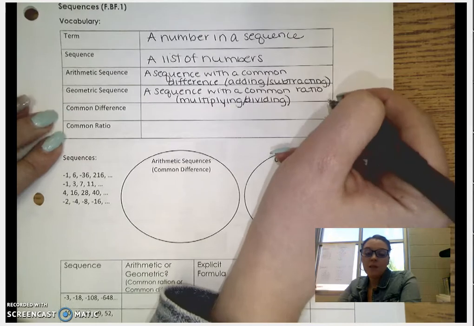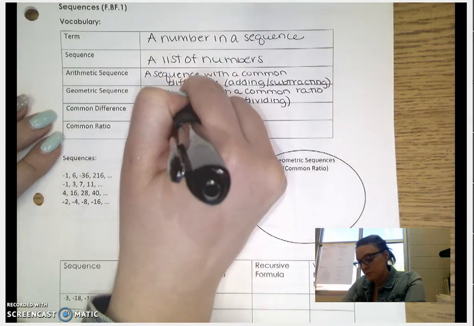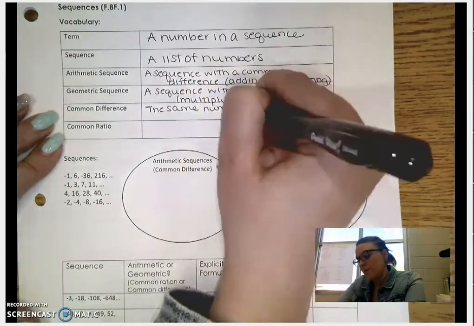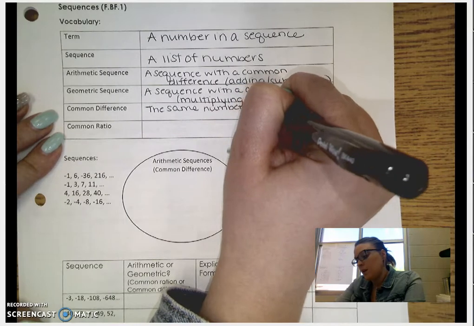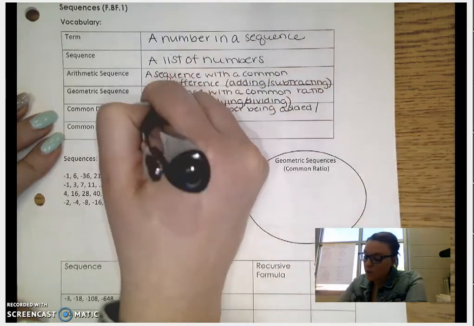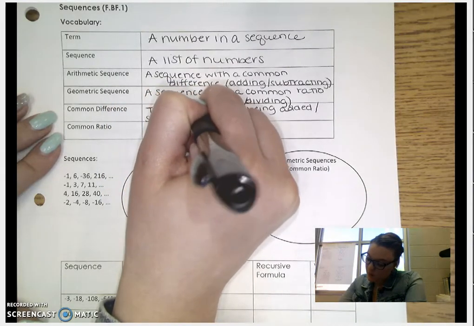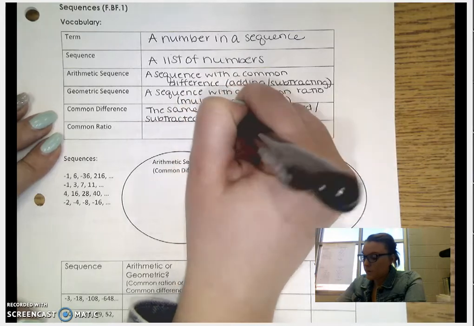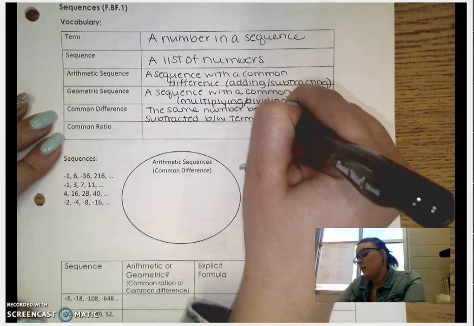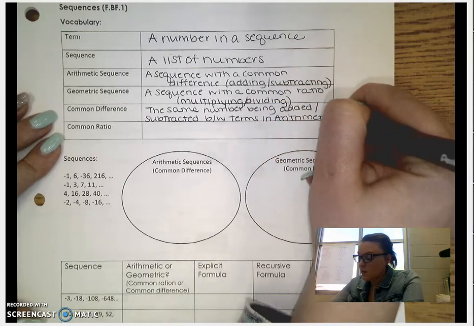A common difference is the same number being added or subtracted between terms in an arithmetic sequence.